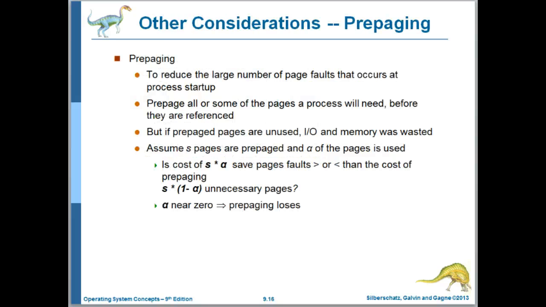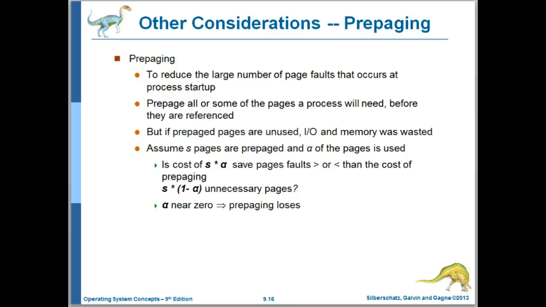So remember, the principle of demand paging is that a process's page is not brought into main memory until it is actually requested by the process. That, of course, implies that when a process first starts up, it's going to incur a large number of page faults.